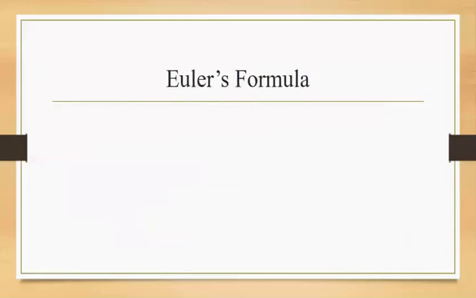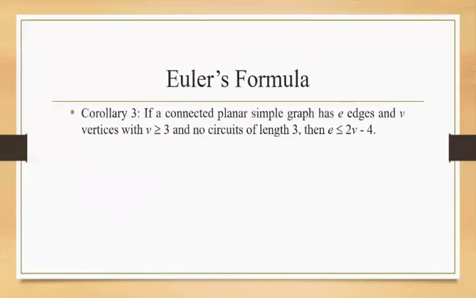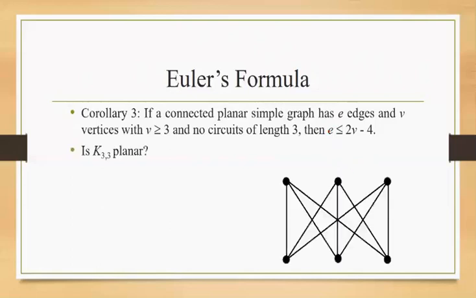Now the next statement, based on our theorem: if a connected planar simple graph has E edges and V vertices and no circuits of length 3, then edges should be less than or equal to 2V minus 4. Now we will check whether K33 is planar.